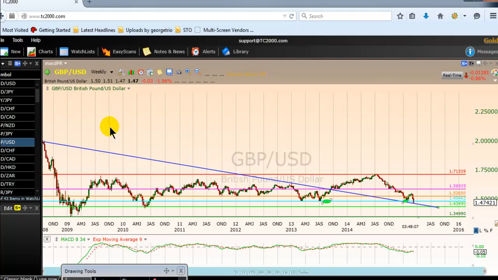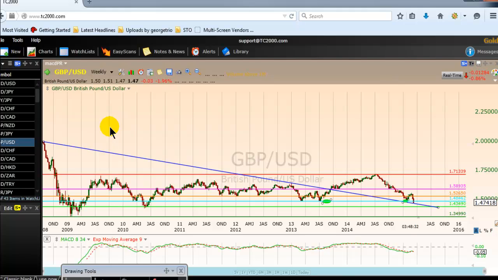So when we are trading Forex, the first currency pair that we are watching is what? The Euro dollar. We know that the Australian dollar US dollar currency pair and the pound dollar currency pair will move in the same direction as the Euro USD. We also know that the Euro dollar move is directly influenced by crude oil.